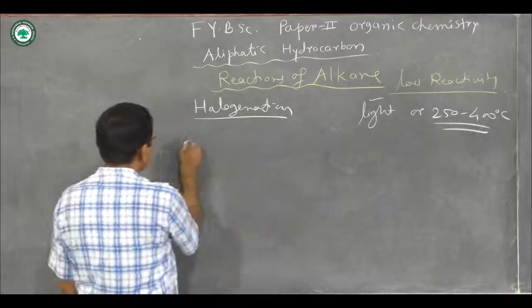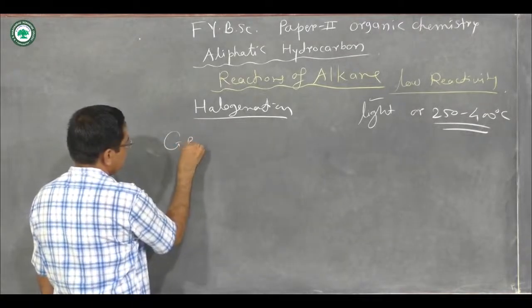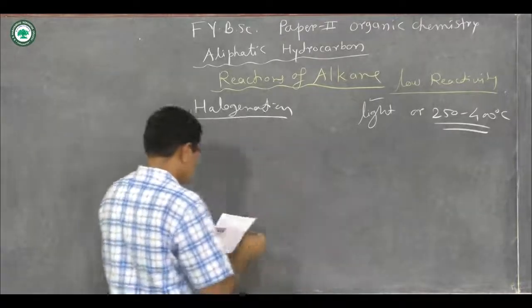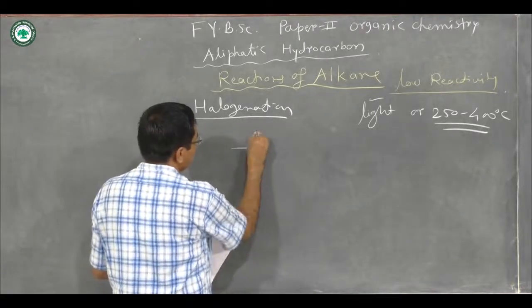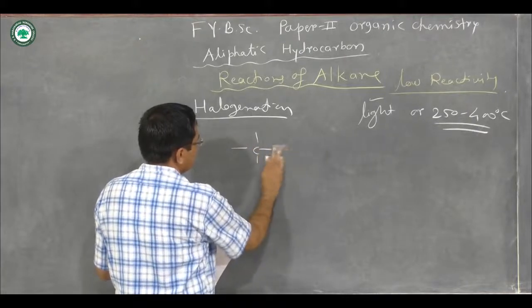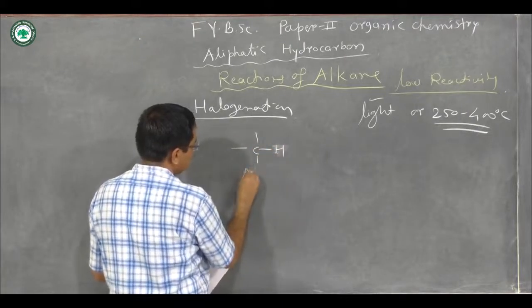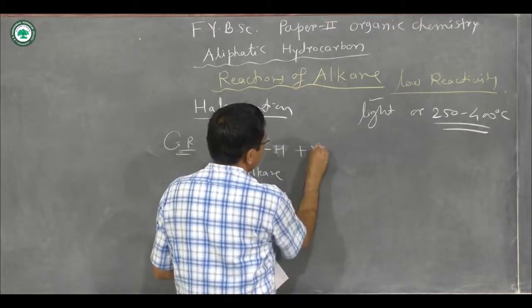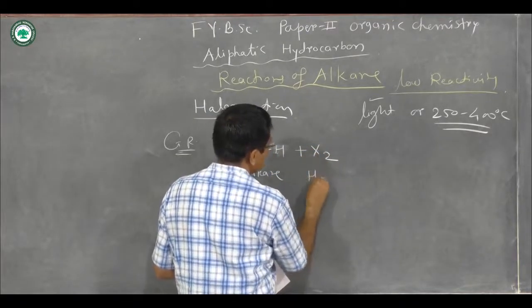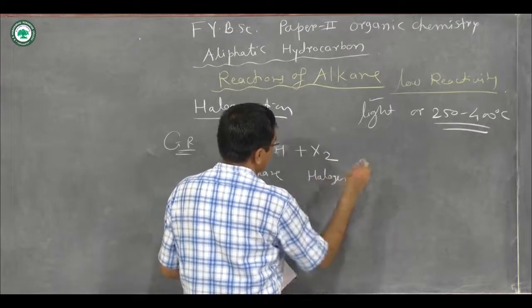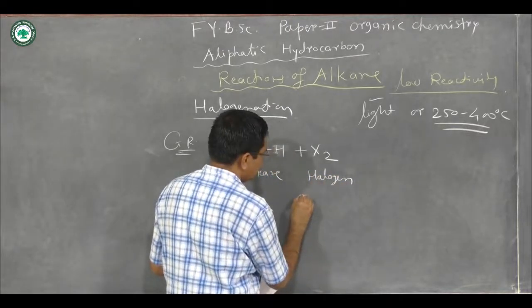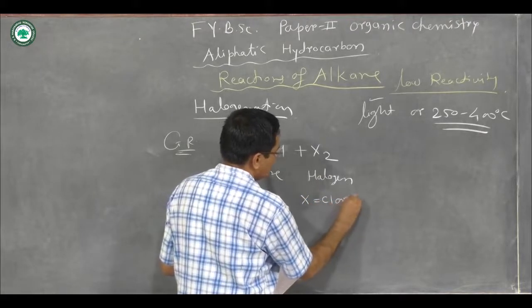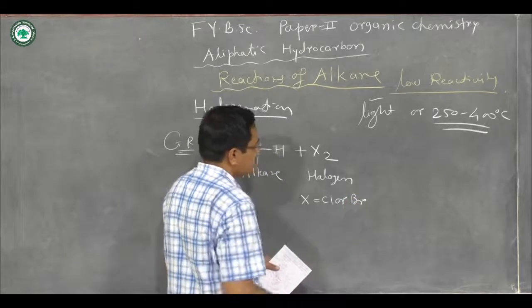Now we will see the general reaction here. This is the symbol of the alkane, and X2 is the halogen, where X equals chlorine or bromine.